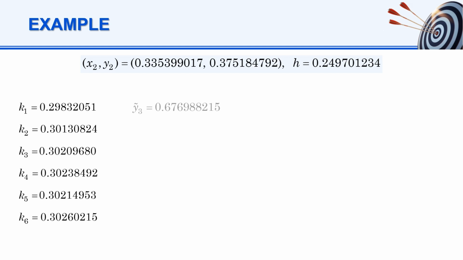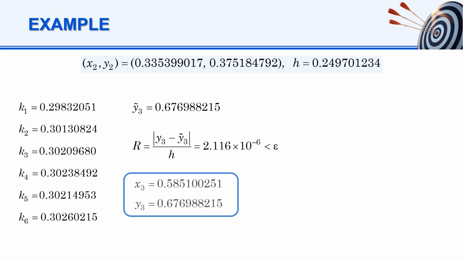The current step estimate using the RK4 scheme is found to be 0.676,988. The R value is computed as 2.116 times 10 to the minus 6, which is smaller than the tolerance value. Thus, the RK4 estimate can be accepted as the third estimate.